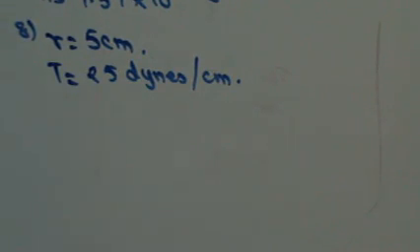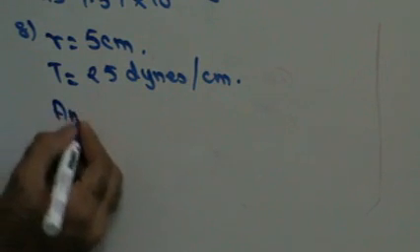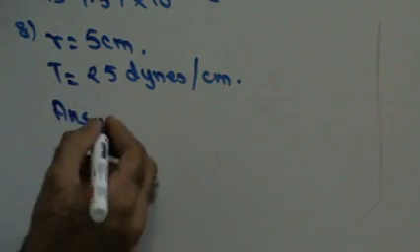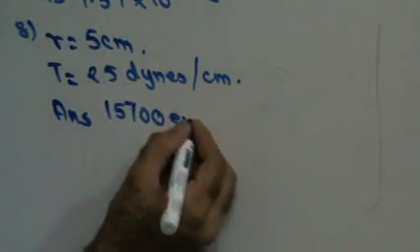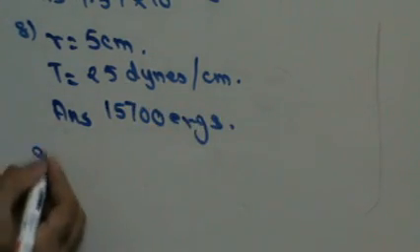I'm not even solving this, it's a replica of the previous sum with the same numbers, except that was in SI units, this is in CGS units. So you will get a similar answer. The answer for this should be 15700 ergs. Next, take down next one please.